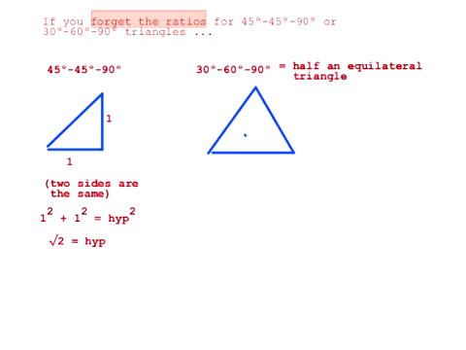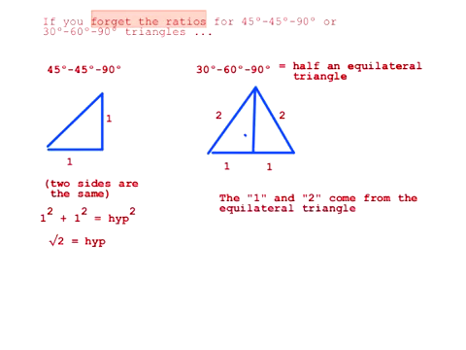So if we make this triangle 2, 2, and 2, then if we cut it in half like this, those triangles are going to be 30, 60, 90 triangles. So there's your 1 and your 2. Those two things, the 1 and 2, come from the equilateral triangle.